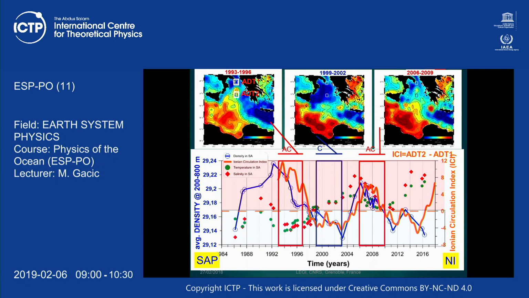Then the low ICI is low density, which is the opposite situation, and so forth. You can see how they follow each other very nicely. Here are the average sea surface patterns, which illustrate the type of circulation that we have.